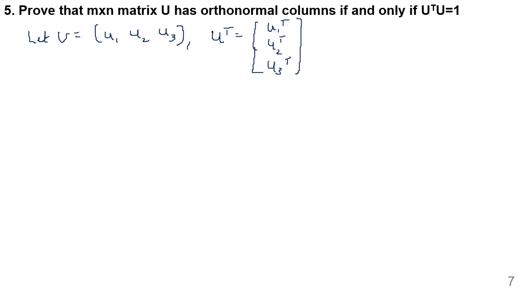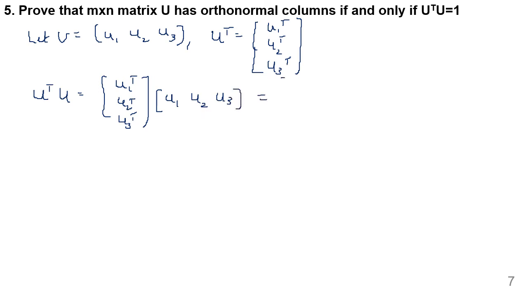So now we'll multiply this. So U transpose U will be equal to this matrix times [u1, u2, u3].